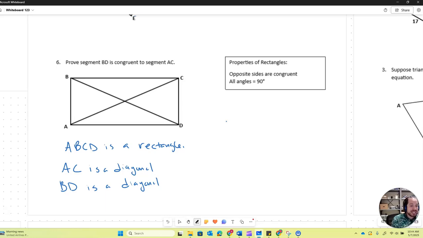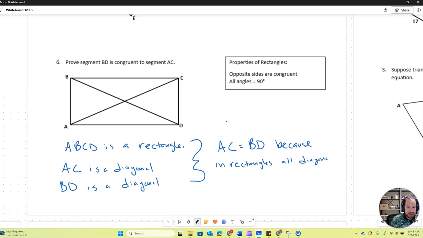Since AC and BD are diagonals and ABCD is a rectangle, I can say AC is equal to BD because in rectangles, all diagonals are congruent.